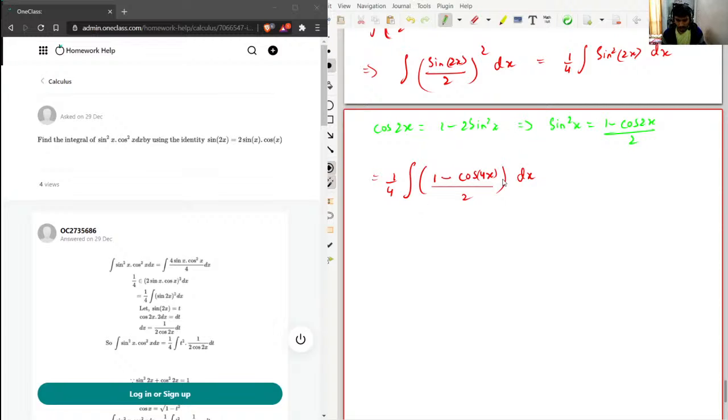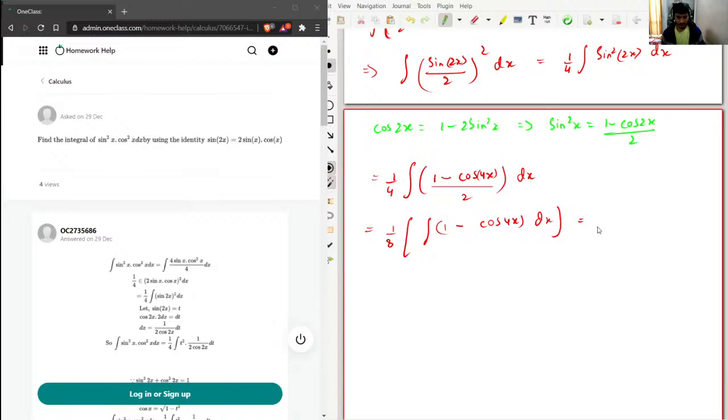So I can just separate the integrals also now because there is one minus sign. So I can write 1 over 4 integral. I can take this 2 outside, so this will become 8. So 1 over 8, and this will be 1 minus cos 4x dx.